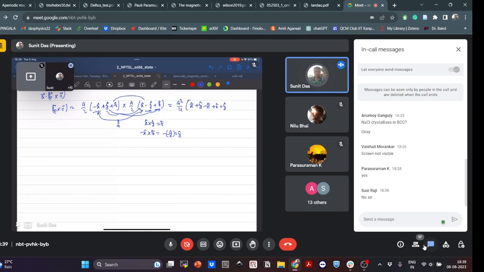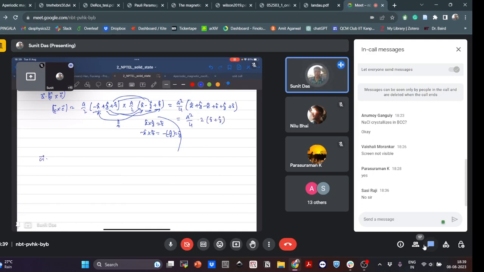Z cross minus Y is minus X cap. So overall it is plus X cap, and Z cross Z is 0. So it is 2 X cap plus Y cap.